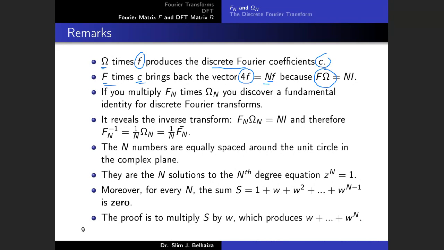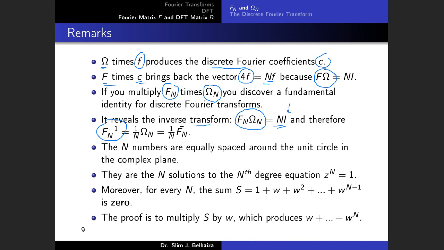So if you multiply Fn by omega n, you discover a fundamental identity for the discrete Fourier transform. It reveals the inverse transform: Fn omega n is equal to n I. This is the identity. Therefore, you can say that the inverse of the Fourier matrix is equal to 1 over n omega n.